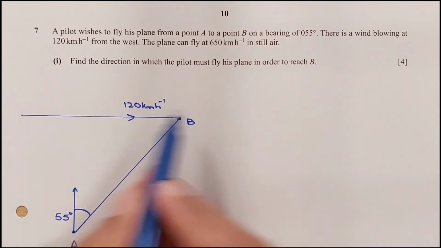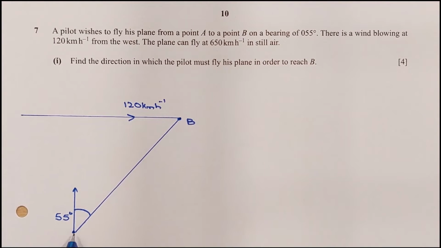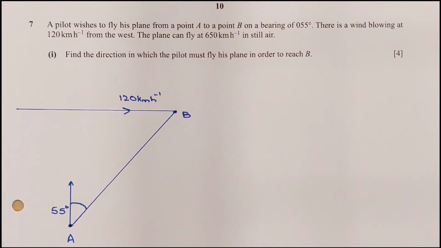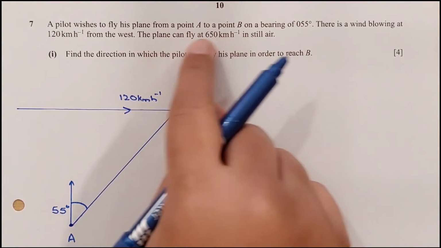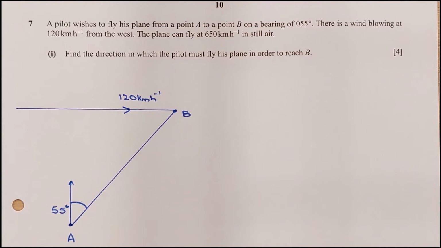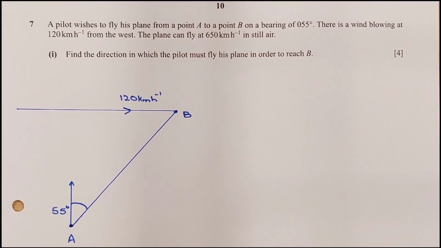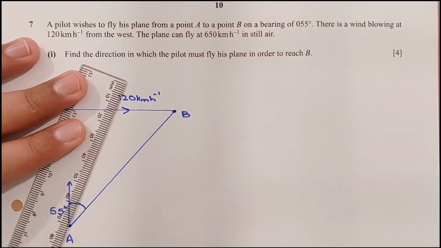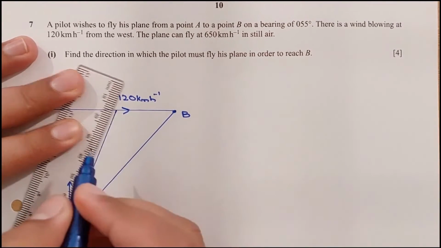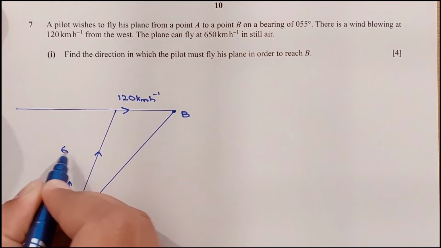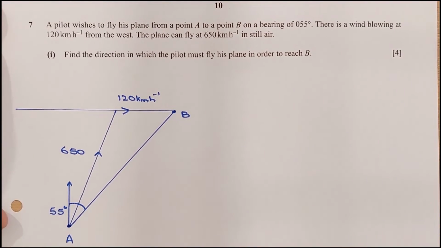So if this is the direction of the wind, the plane flies from A to B, so it must fly in still air at a speed of 650 km per hour, in a direction closer to B, in this way. This is in the still air, at 650 km per hour.